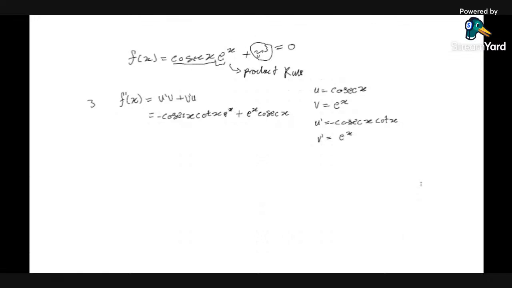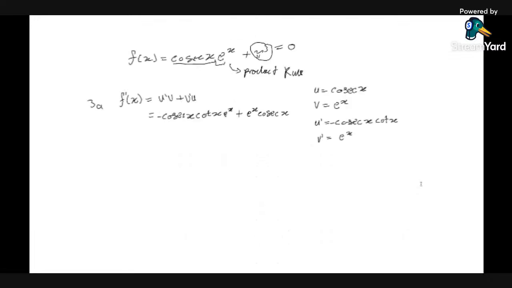Okay, number 3, the second part, it's a little bit different. Just need to copy that part.